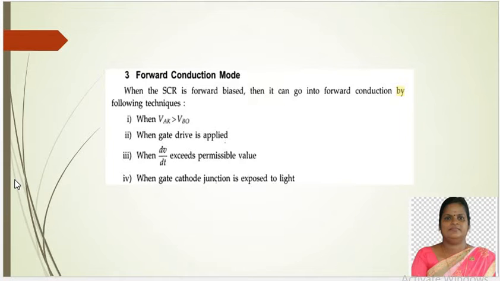It can be turned on either by increasing the forward voltage or by giving gate pulses. When dV/dt exceeds the permissible value, it also goes into forward conduction mode. When the gate cathode junction is exposed to light, it also goes into forward conduction mode.